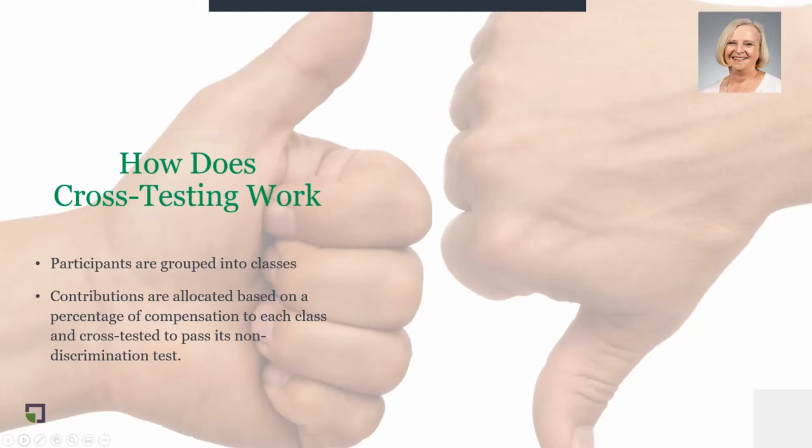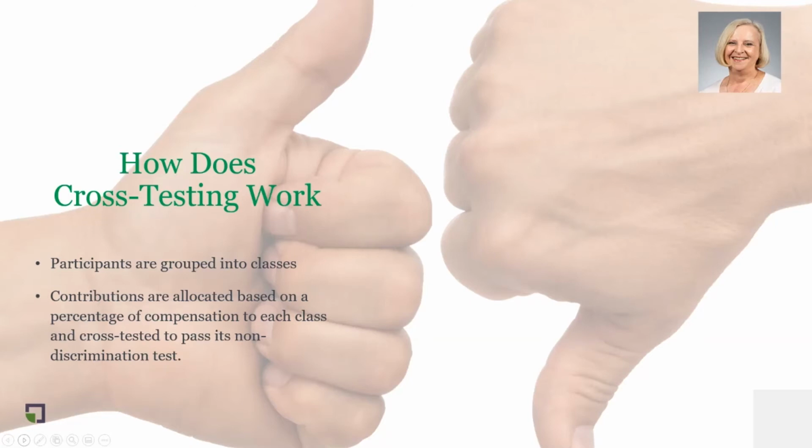very clearly non-discriminatory. So once we have these participants classified into groups, we usually have a discussion at that point with the plan sponsor to get an estimate on how much they would like to contribute to each classification. An example would be, say, Class A gets a contribution that is 10% of compensation, and then Class B would get 5% of compensation.